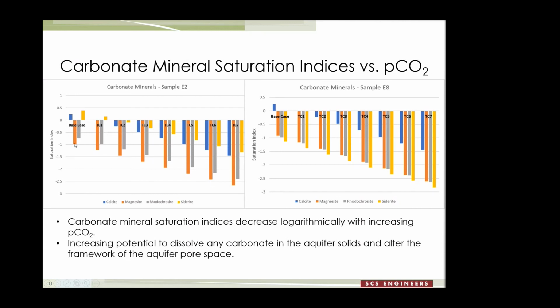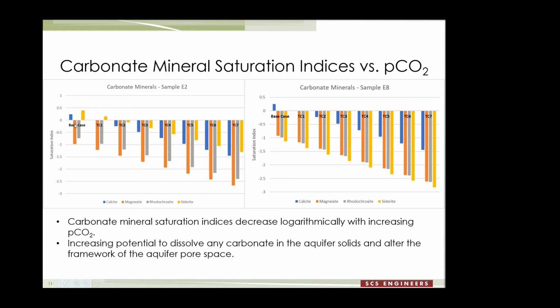The saturation index is a logarithmic scale, and I want to point out where the 0 point is for these. Anything above 0 would tend to precipitate out of solution, and anything below 0 would tend to dissolve.